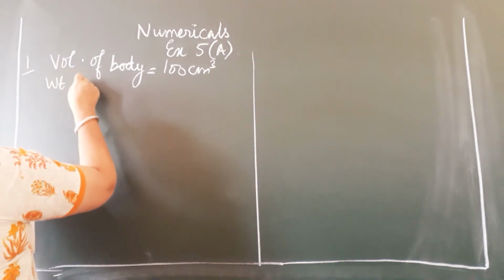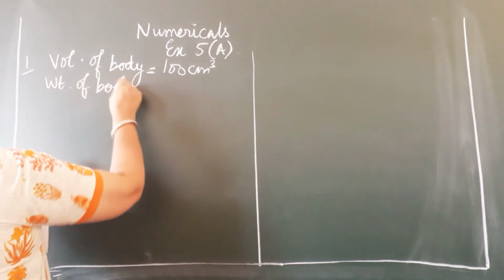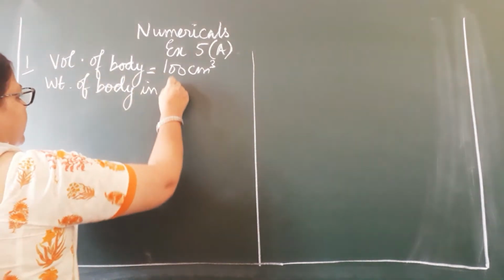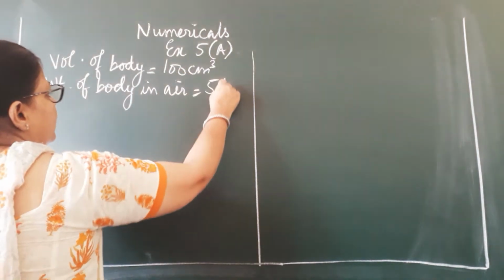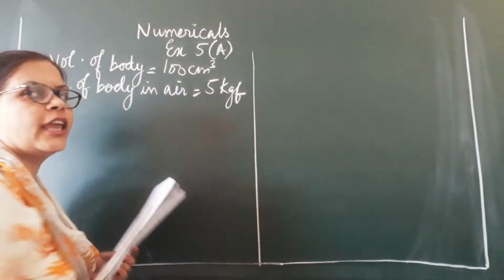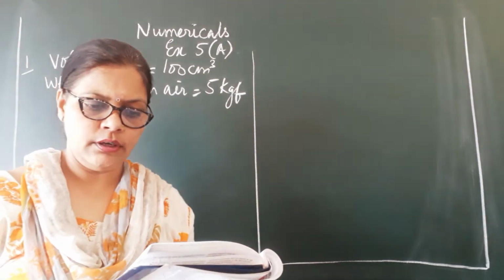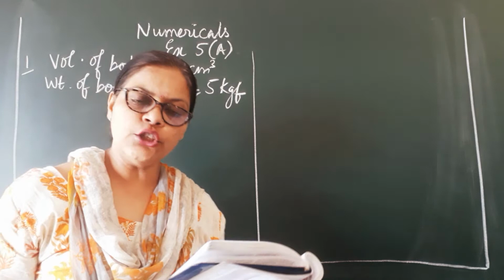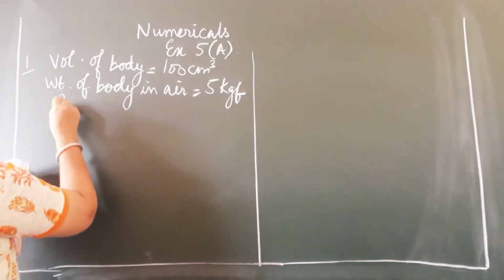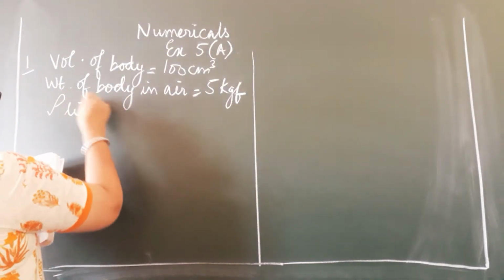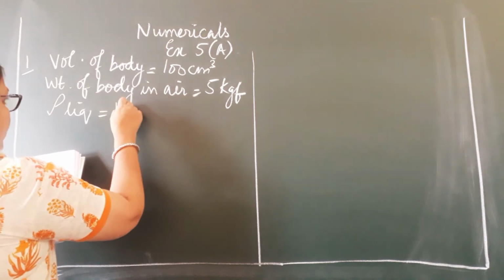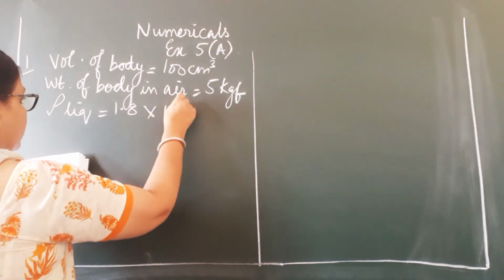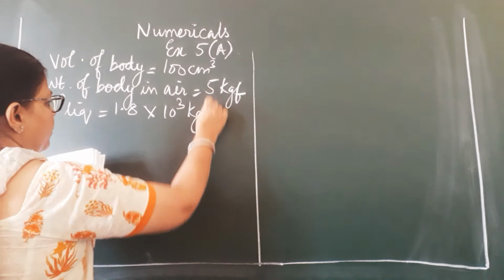So weight of the body in air is given to be 5 kgf. Weight in air is given, volume of the body is given, and also the density of the liquid is given. So density of the liquid is 1.8 into 10 to the power 3 kg per cubic meter.